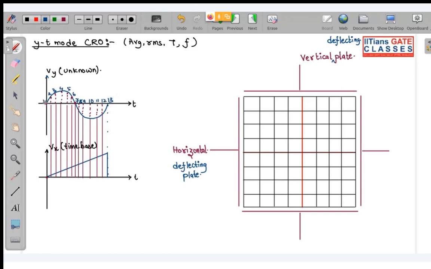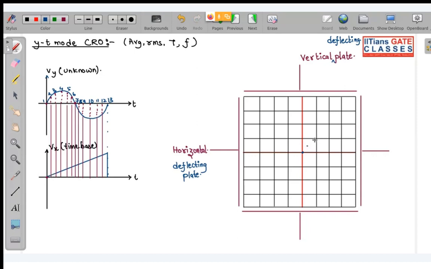The first point, you can see both signals have 0 voltage, so it will be plotted over here. In the next case, you can see this 2 and 2. If only Vy was present, the point would have come over here. But as there is also voltage applied in your horizontal deflecting plate, this point will shift over here.